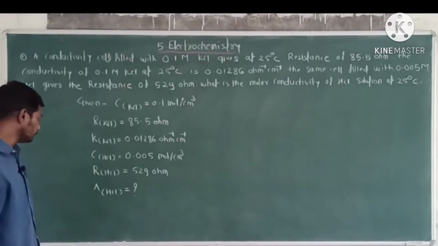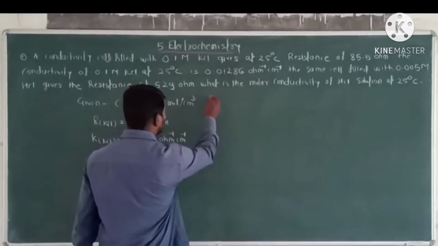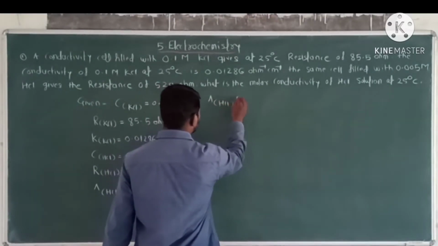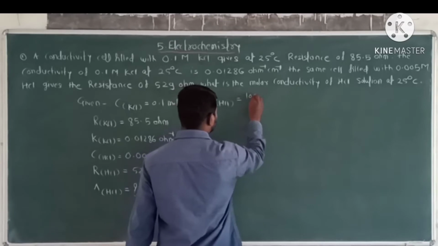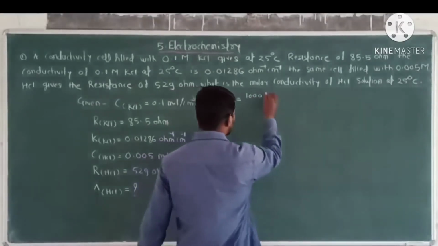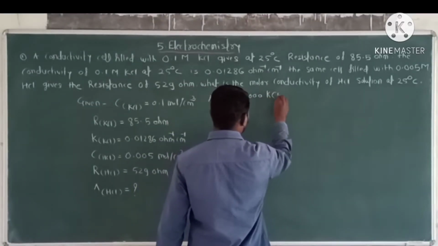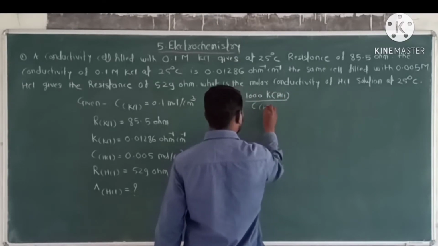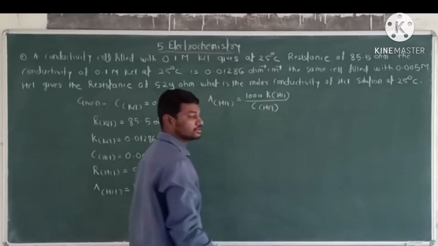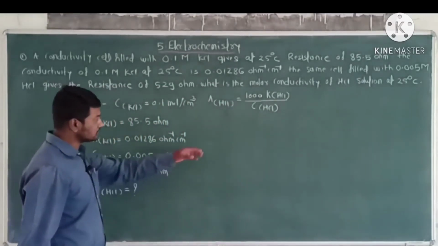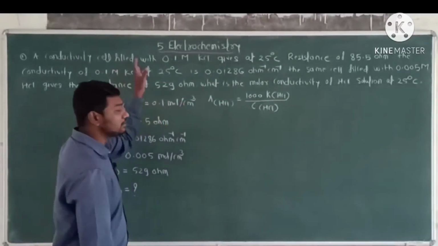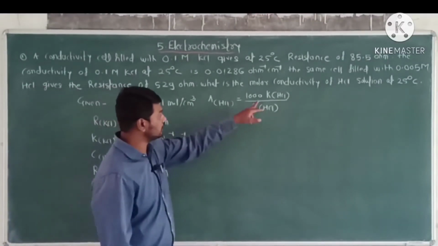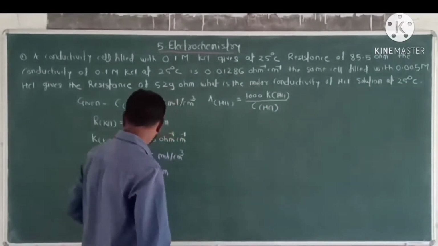Now the formula: molar conductivity of HCl is equal to 1000 times conductivity of HCl divided by concentration of HCl. The concentration of HCl is given in this numerical, but the conductivity of HCl is not given.